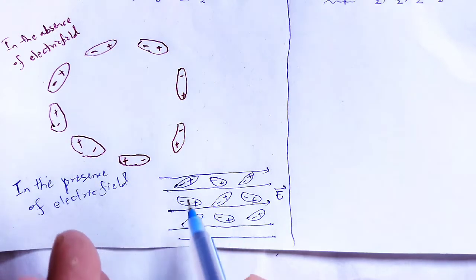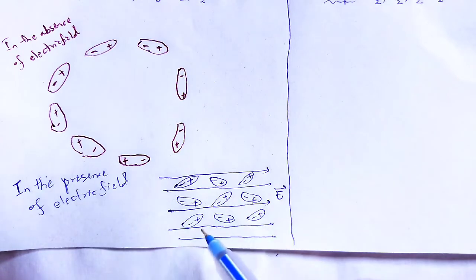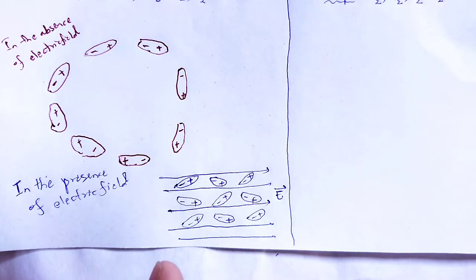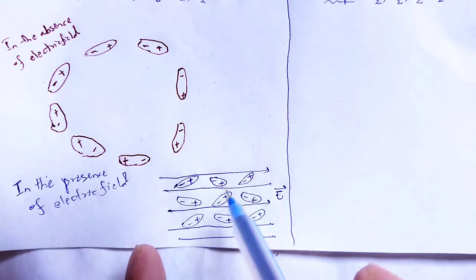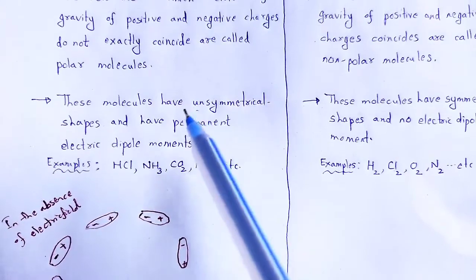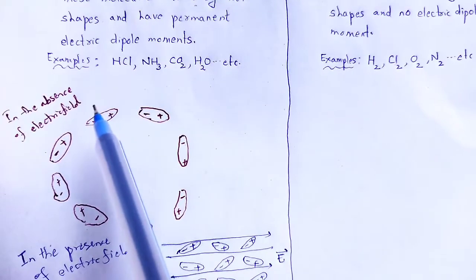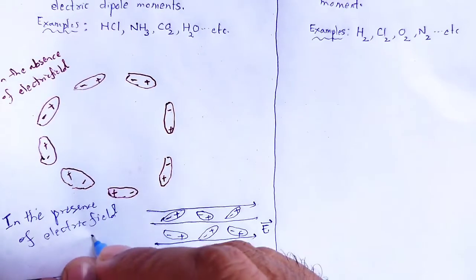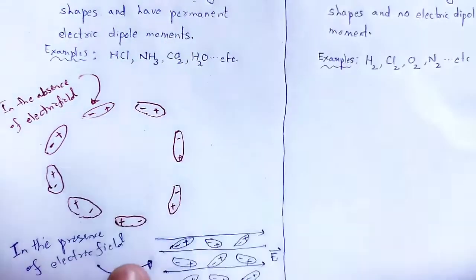Therefore, the degree of alignment increases with increase of strength of electric field and decrease of temperature. This is for polar molecules: one in the absence of electric field, the other in the presence of electric field.